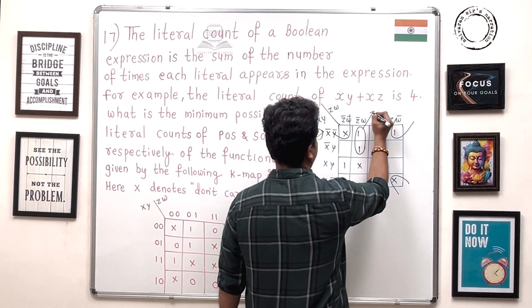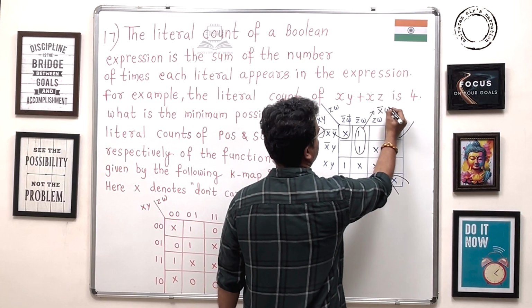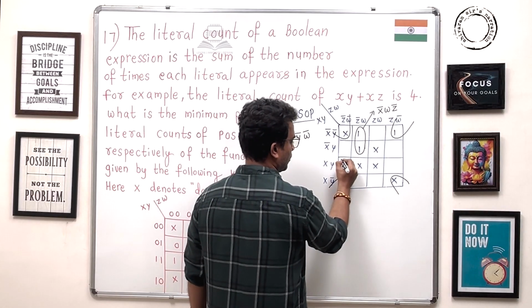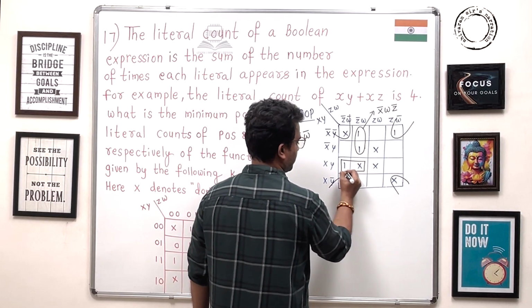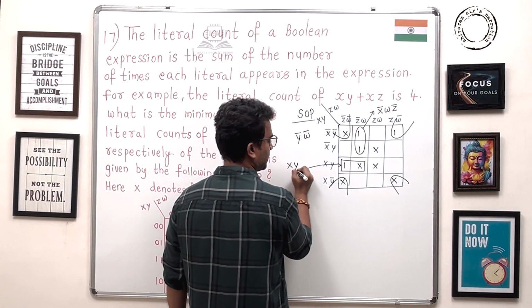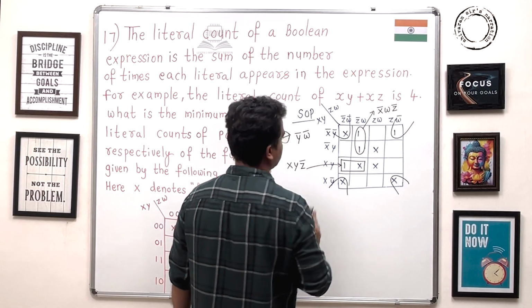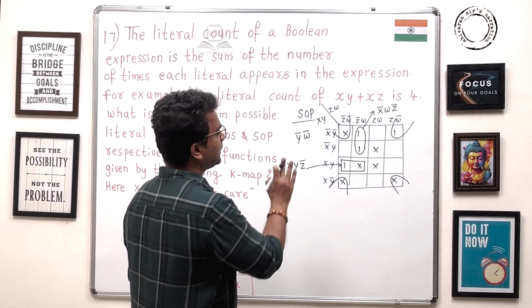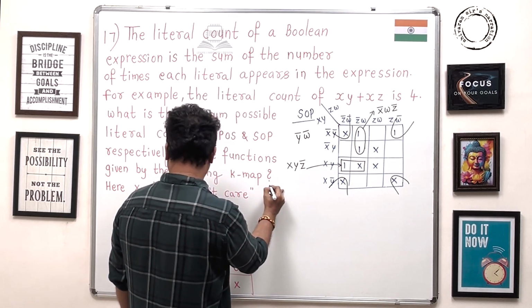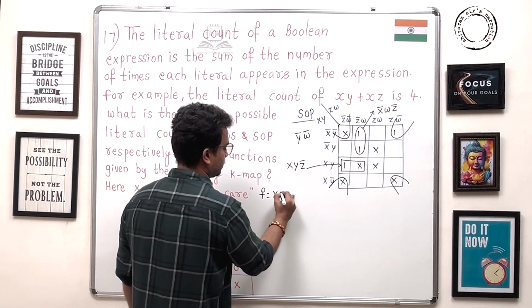Hence, here it is x bar w z bar. Again here guys, one more pair, and this will be xy z bar.